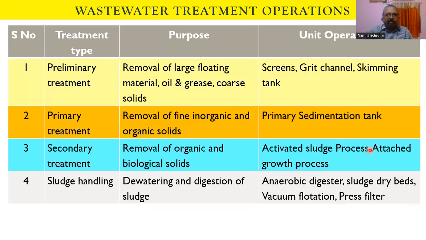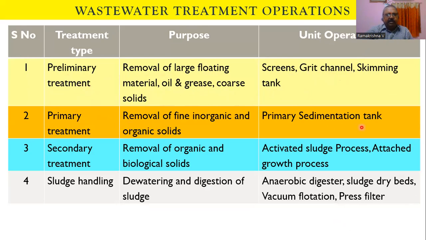Now the same information we are trying to understand in a tabulated form. Preliminary treatment is nothing but removal of large floating material, oil and grease, and coarse solids, using screens, grit channel, and skimming tank. So the treatment is divided into two categories here, preliminary and primary.